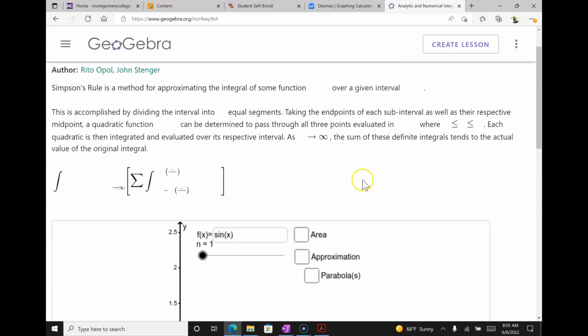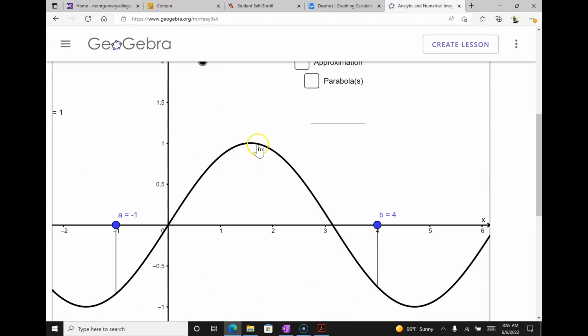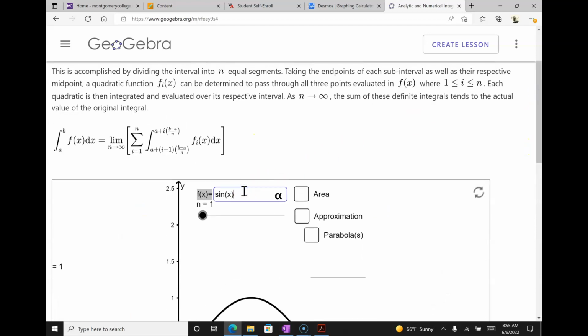Doesn't matter which one, I just want to be able to type in the function, right? Didn't I have this problem last time? I couldn't, oh, there we go. I got it in the box.